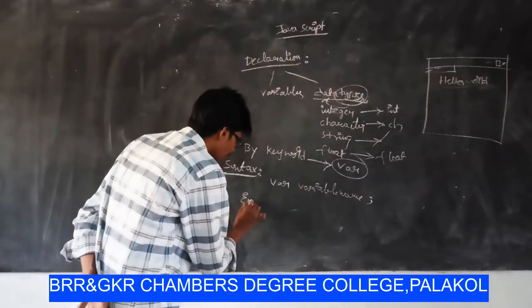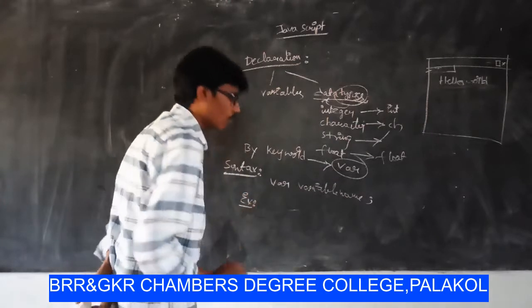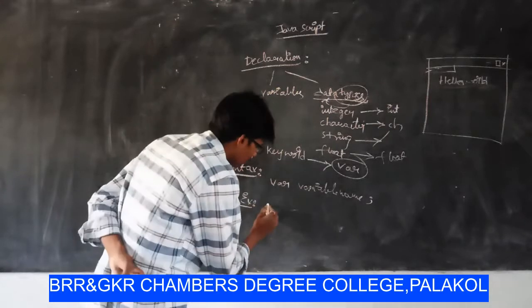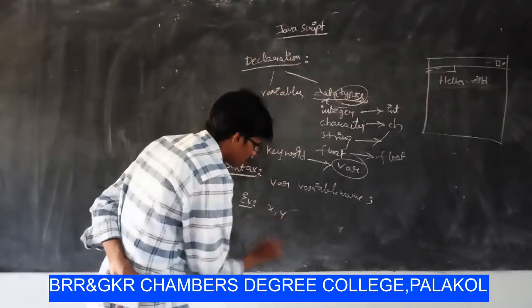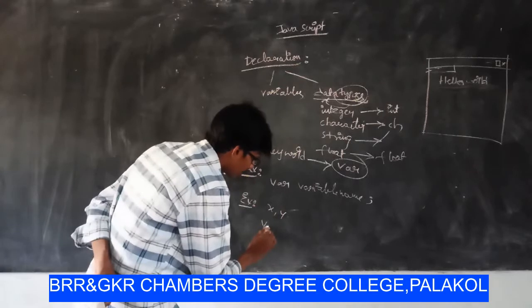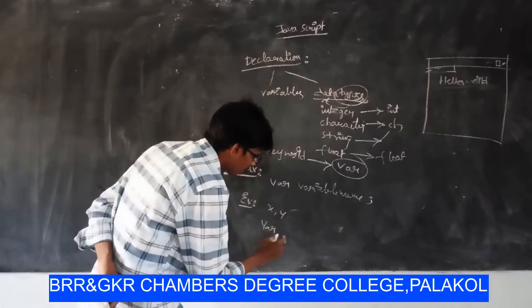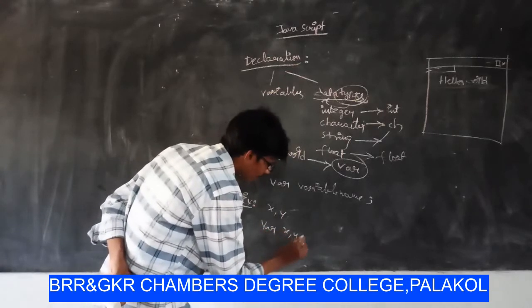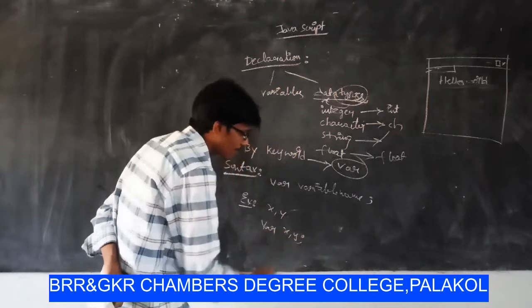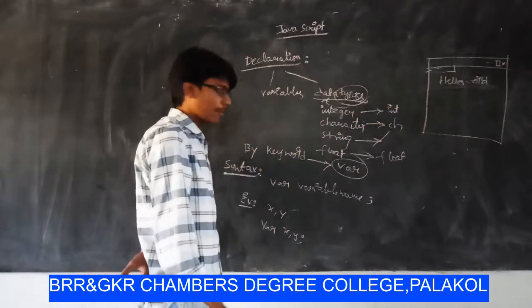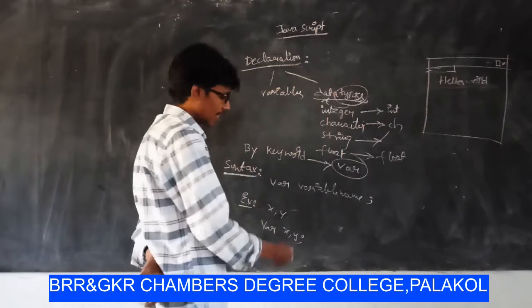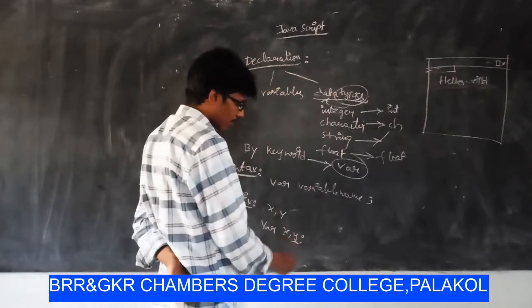Example: if you want to include variables x, y, we follow var space x comma y. That means any type of variables you can implement in the programming.